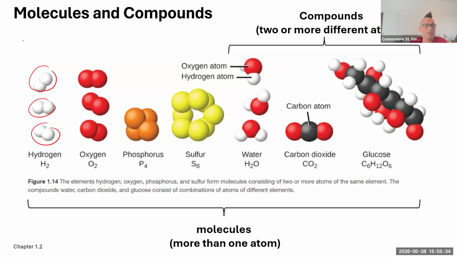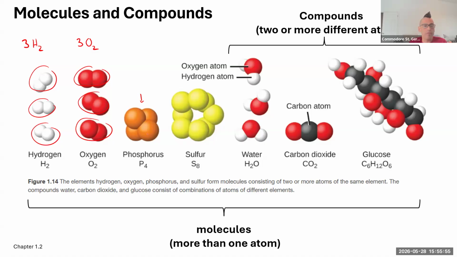This would be written as three H2 molecules. This is an O2 molecule, O2 molecule, O2 molecule. This would be written as three O2 molecules. This is one molecule of phosphorus.